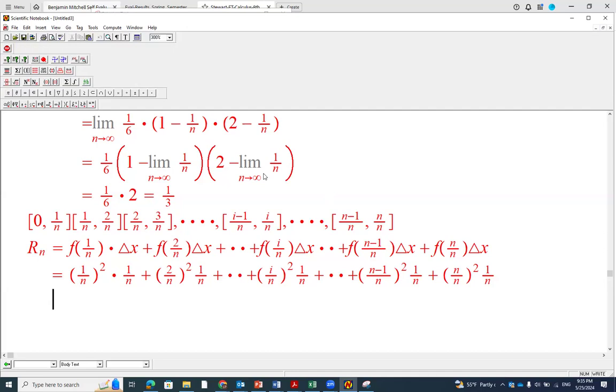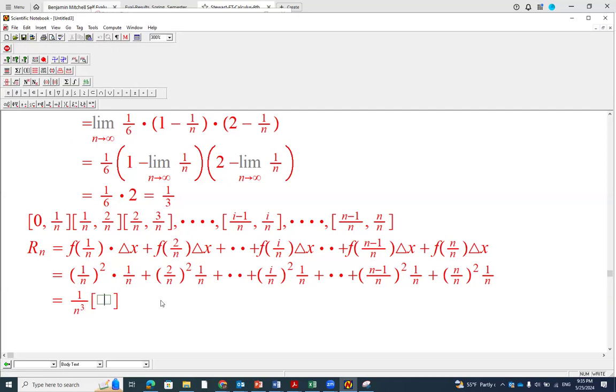We're going to use the same algebraic manipulation and factor out 1 over n. We also factor out the n squared for each one, so we will get n raised to the power of 3.